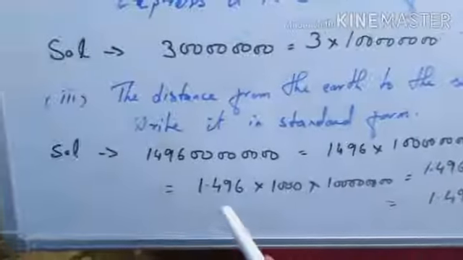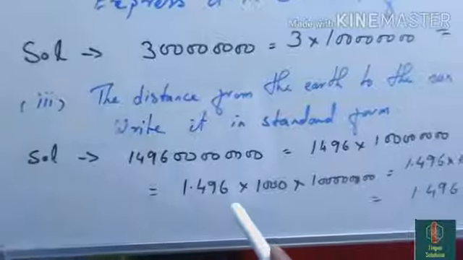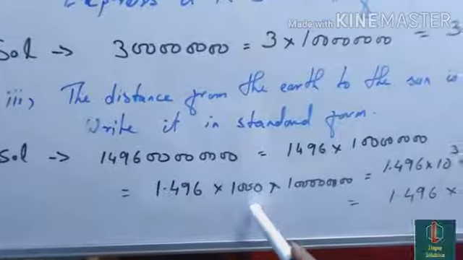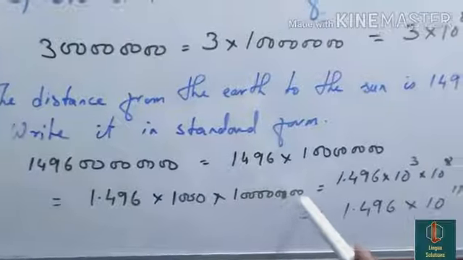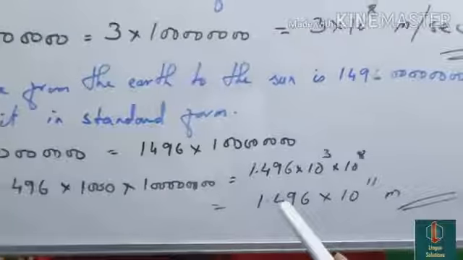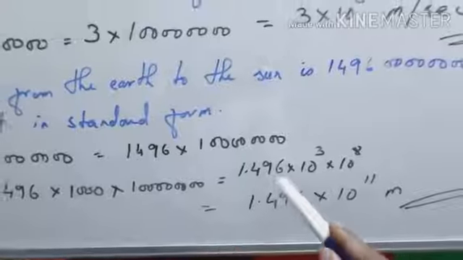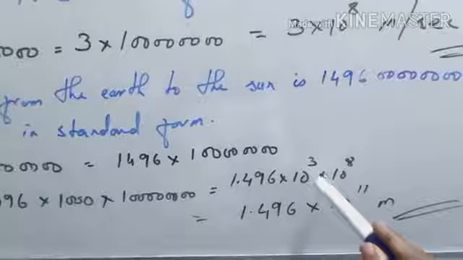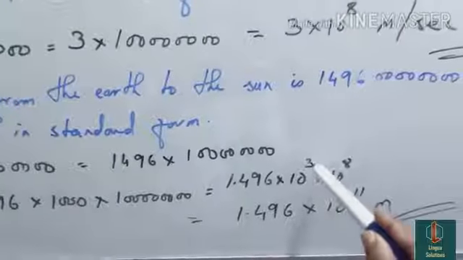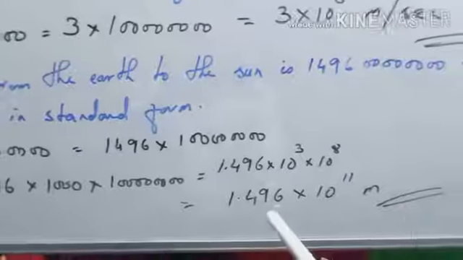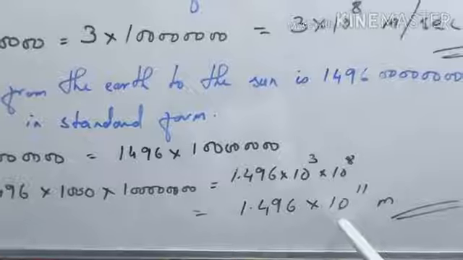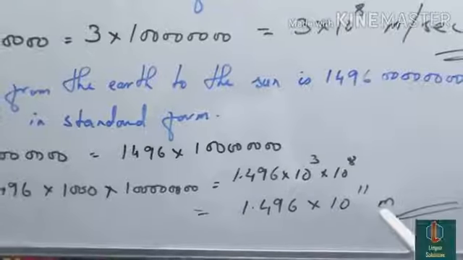Now we will put the decimal: 1.496 into 1000 into 100000000, which is 1.496 into 10 cube into 10 to the power 8, that will be 1.496 into 10 to the power 11 meter. This is the answer.